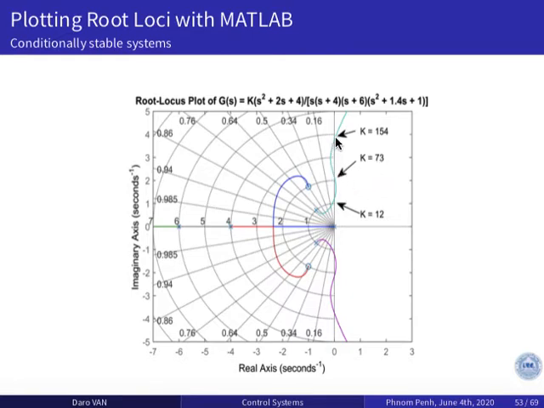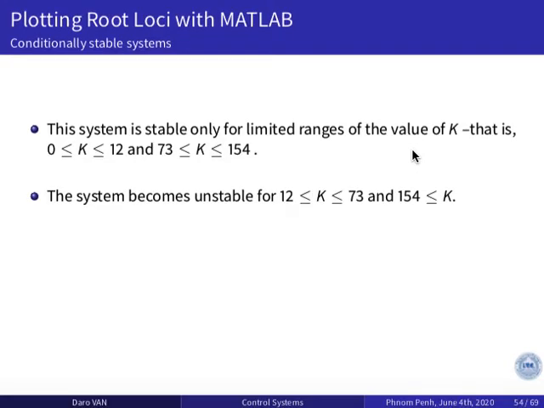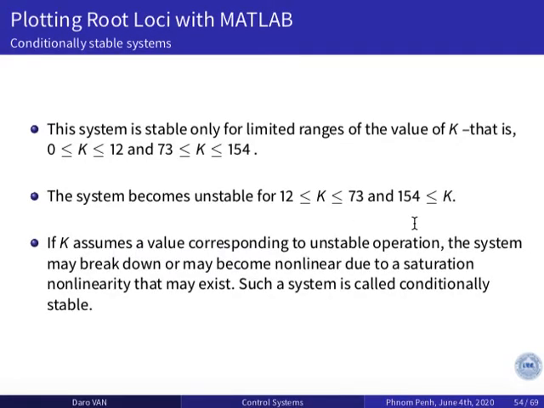In this interval, it's stable, and then when k is larger than 154, it is unstable again. The system becomes unstable if the value of k is in this range.